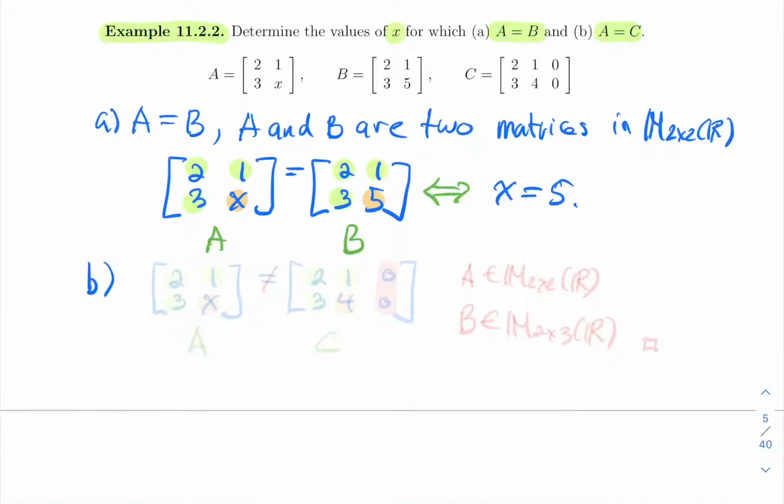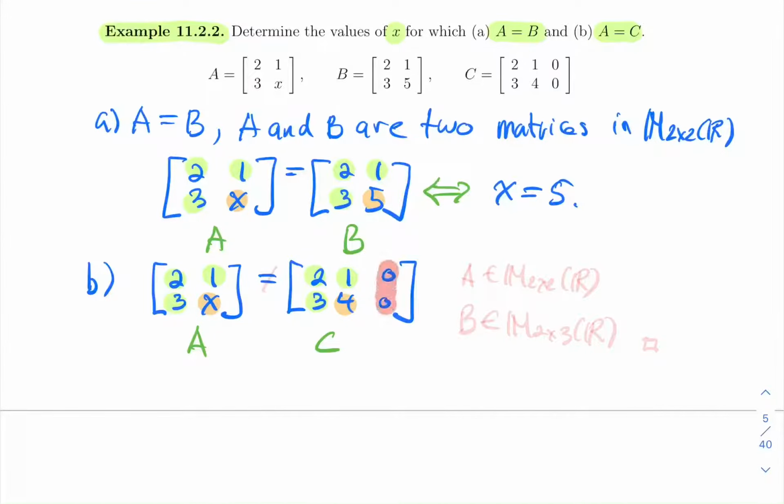For the other question, we want to know if A is equal to C. So A is 1, 2, 3, x, and we want to know when this is equal to C, which is 2, 1, 0, 3, 4, 0. Even if it feels similar, just like the previous question, my 2 is equal to 2, 1 equal to 1, 3 equal to 3, and it feels like maybe x could be equal to 4, but the problem is this extra column.